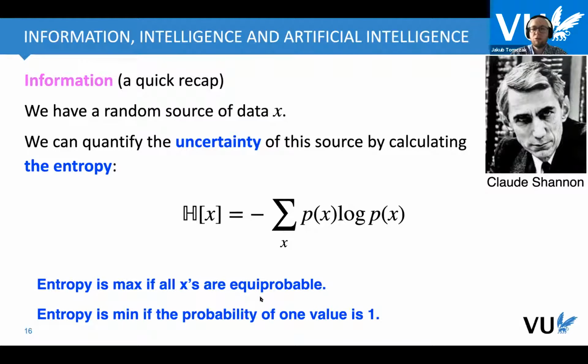So we say that the entropy is maximum when everything is equiprobable. However, the other extreme is when we have one single image that has probability 1. It means that it will all the time occur. Nothing else will occur. For instance, my face right now. You see this face all the time, it's frozen. So the entropy is minimum, and it's 0 for discrete cases.